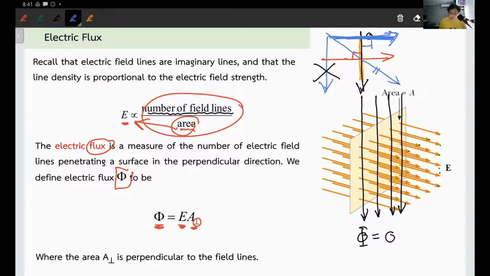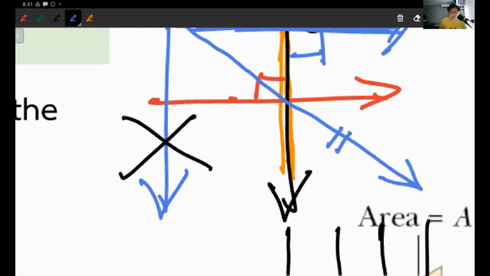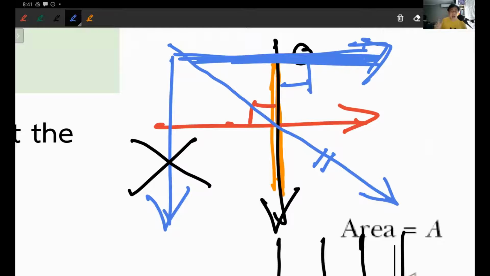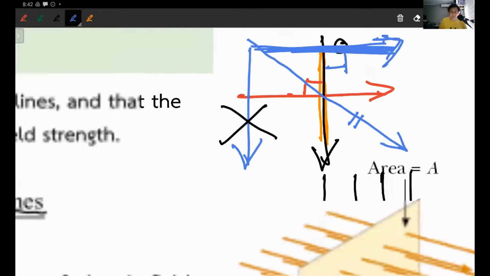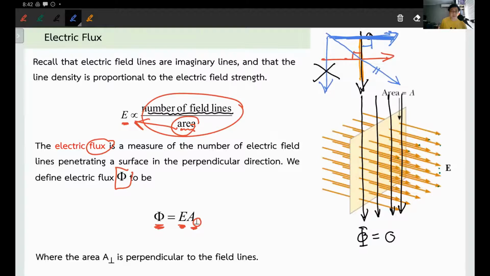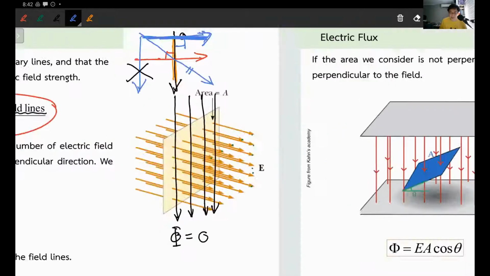If you get this one, I'm just going to stick with my drawing right here. What will be the easy way to count this in a systematic way? You don't want to keep saying, let's break the electric field into two components and imagine what the area is. The systematic way that we usually do, and we do this all the time, is this.